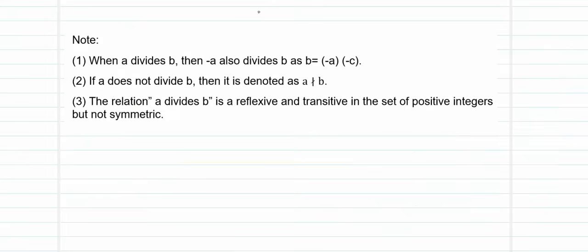Now let us check some notes on divisibility. When a divides b, then minus a also divides b, as I can write b equal to minus a times minus c. So there exists an integer minus c such that I can express b as minus a times minus c.